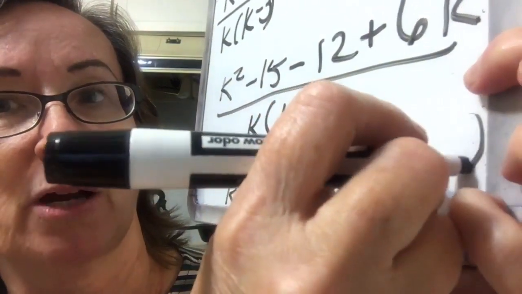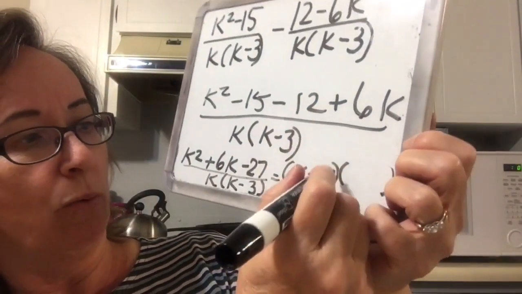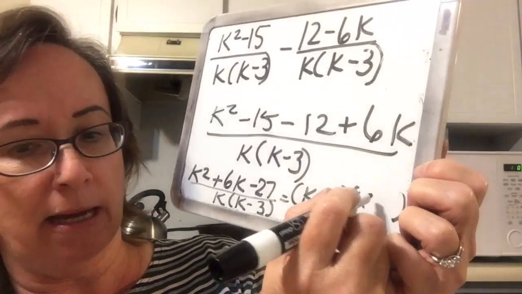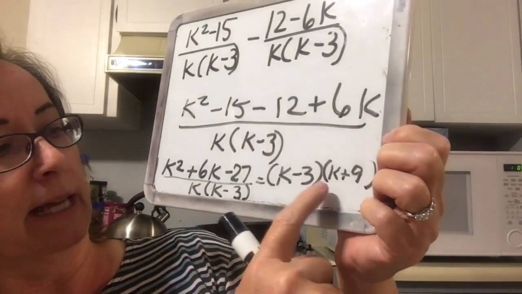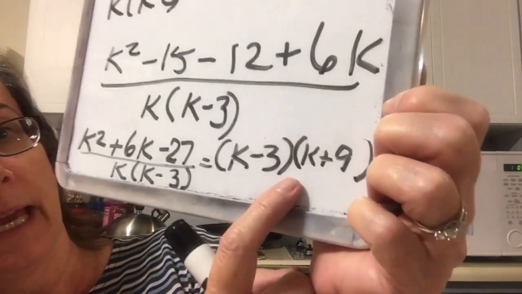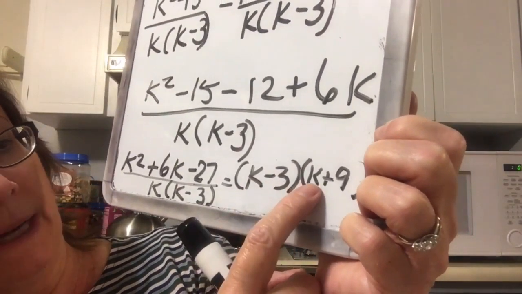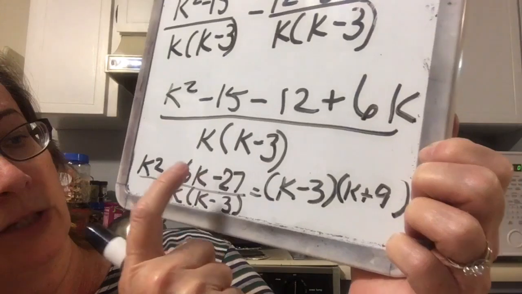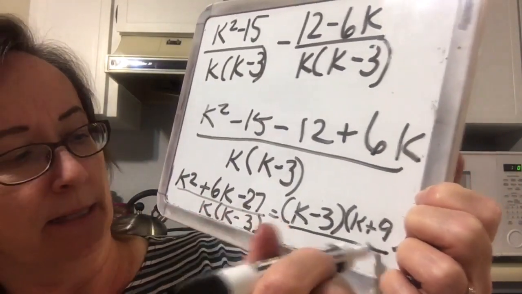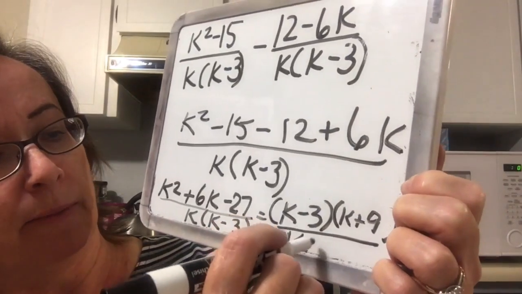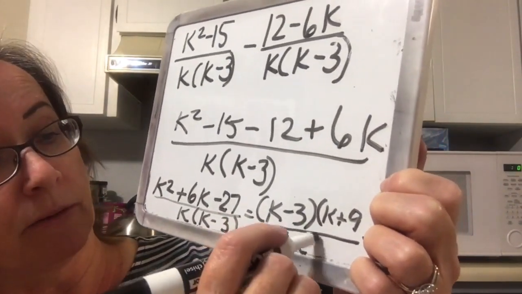I'm going to suppose that maybe it is, which would mean that k plus 9 would be the other factor. So I'm going to FOIL that together, and I get k squared minus 3k plus 9k, so I do get the 6k minus 27, so that is correct, all over k times k minus 3.